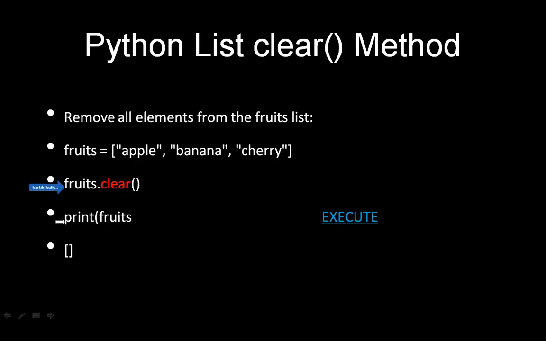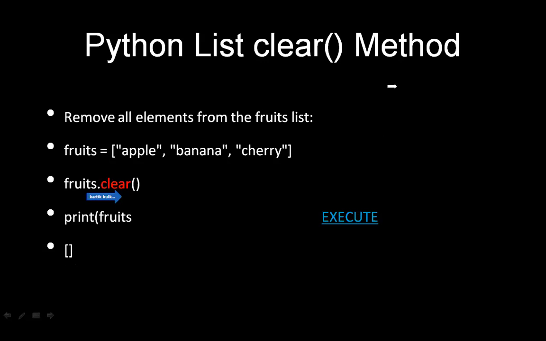If I print fruits, I will get the output as only the square brackets. The elements apple, banana, and cherry will all be removed with the help of the clear method.